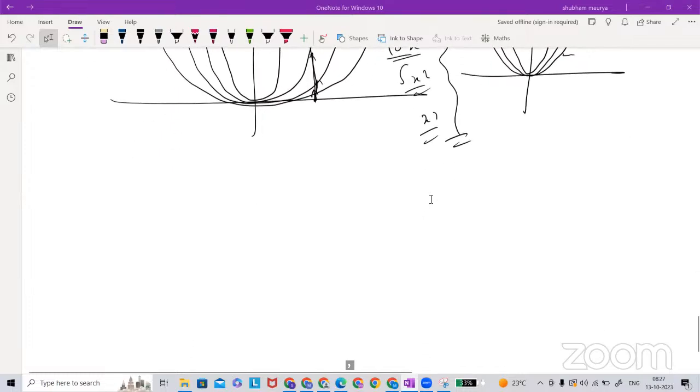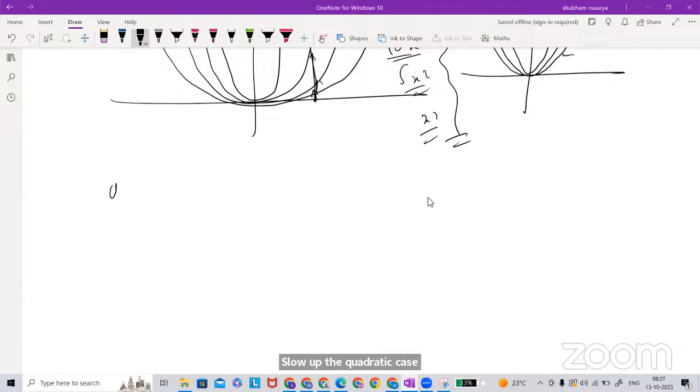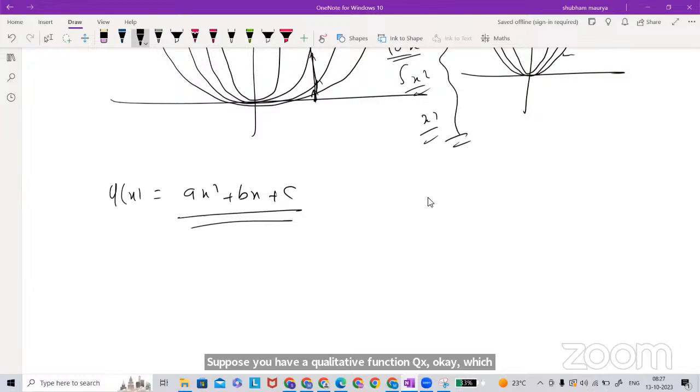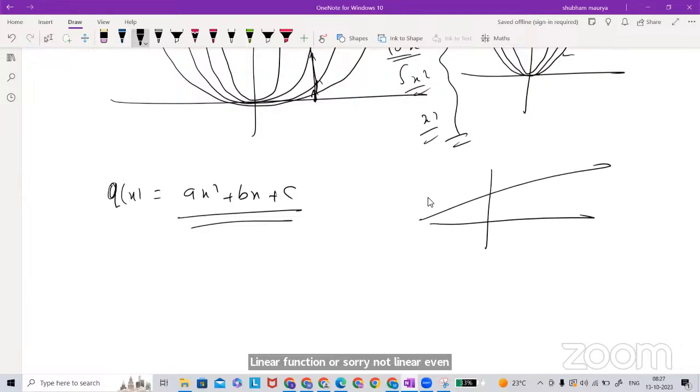Slope of the quadratic: suppose you have a quadratic function q(x), which is ax square plus bx plus c. You know the lines, and for lines you have the slope, right?